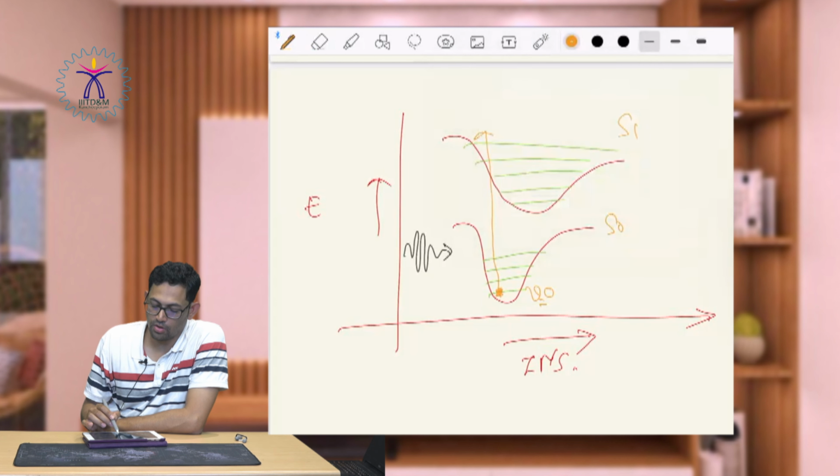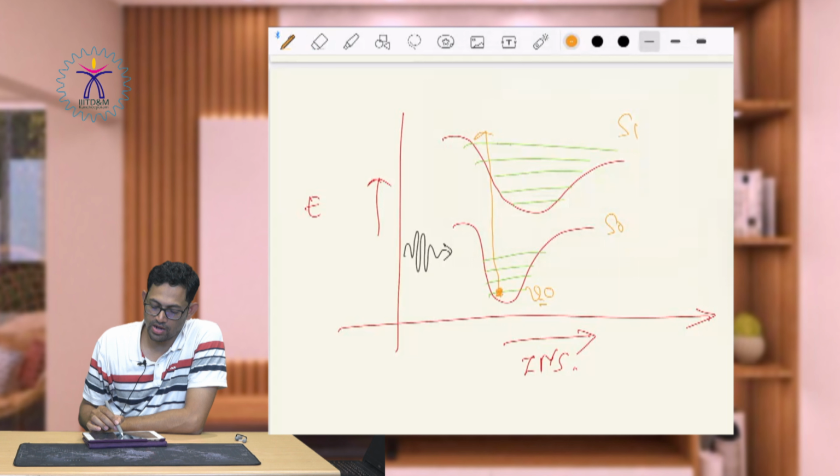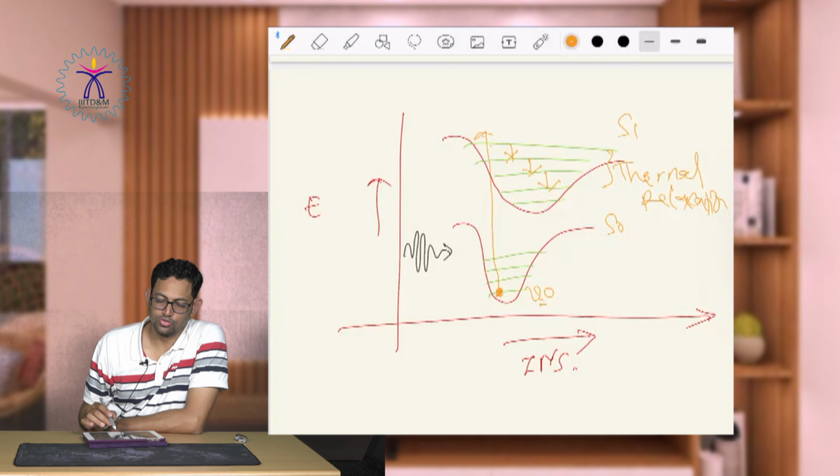Now it will go to the vibrational levels of the higher electronic state, that is the excited electronic state, and then it will make some smaller jumps.